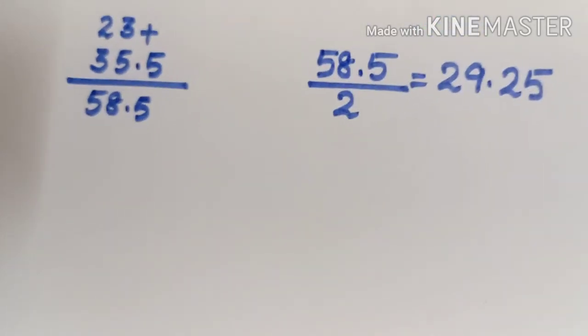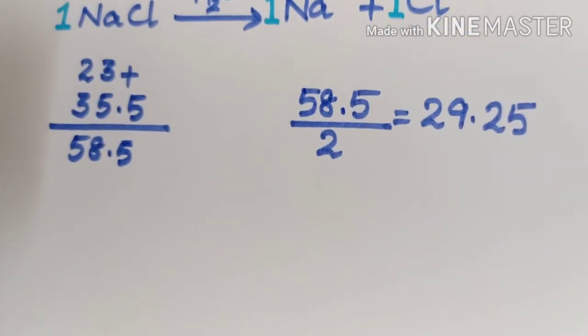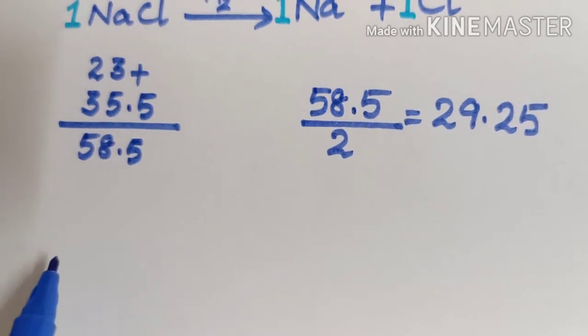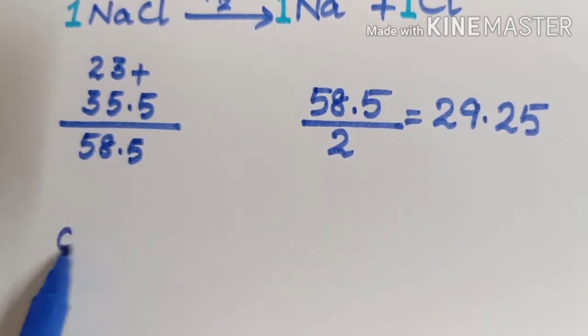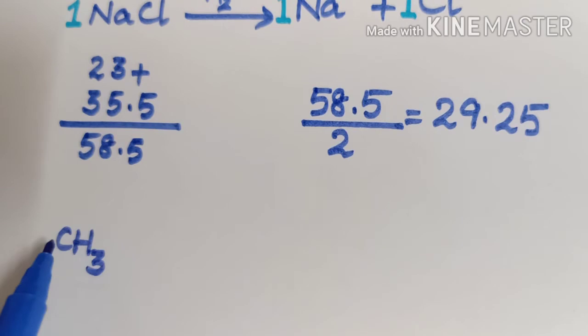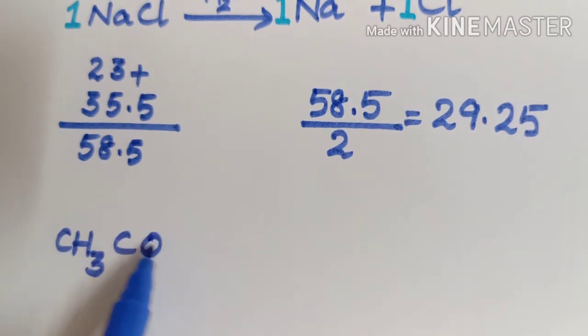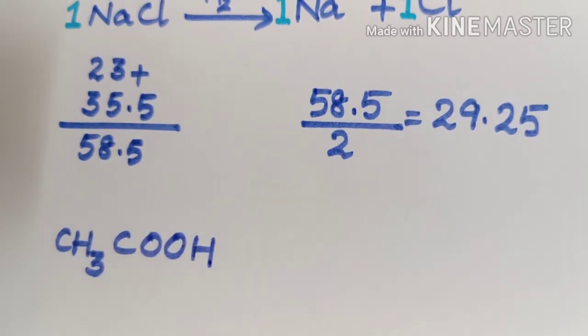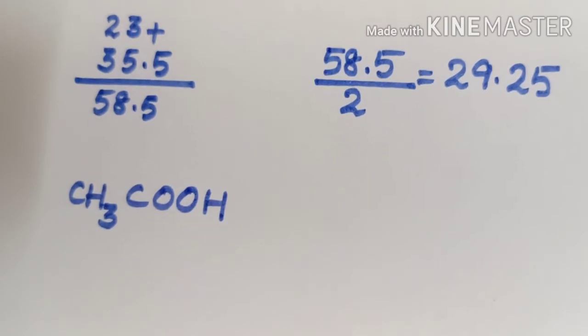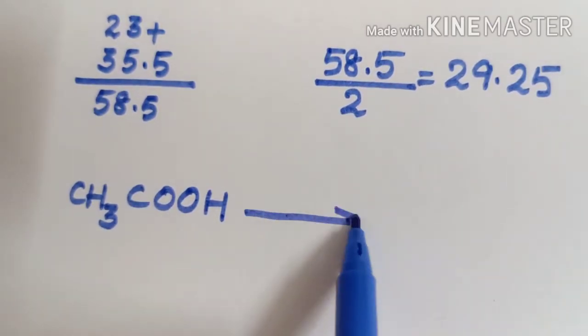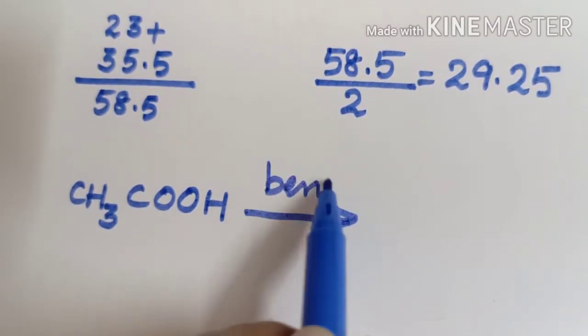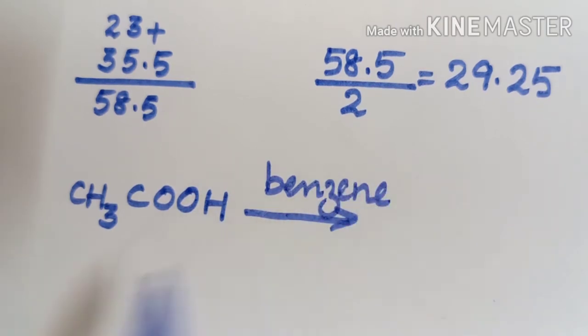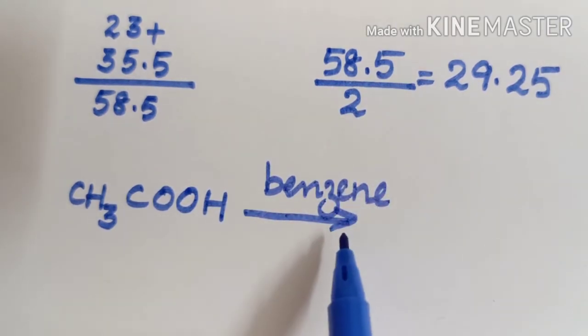At the same time, if instead of sodium chloride, you have taken an organic compound like acetic acid, which is ethanoic acid with the formula CH3COOH. When it is taken in benzene, you find that acetic acid becomes the solute and benzene is the solvent.